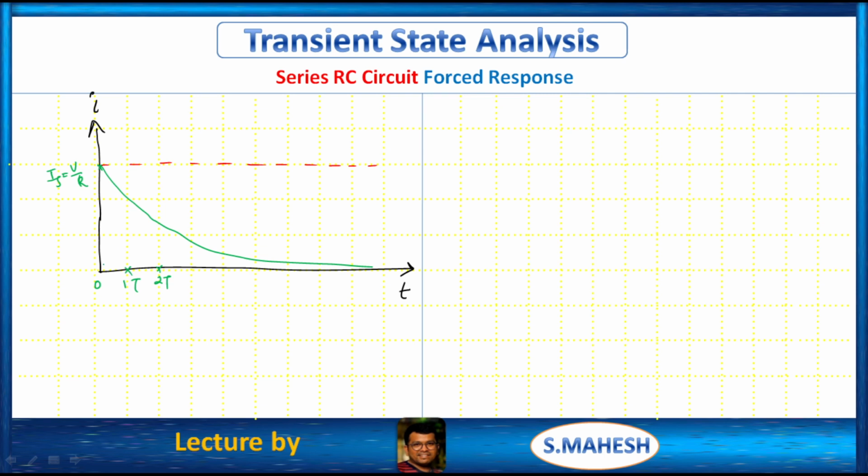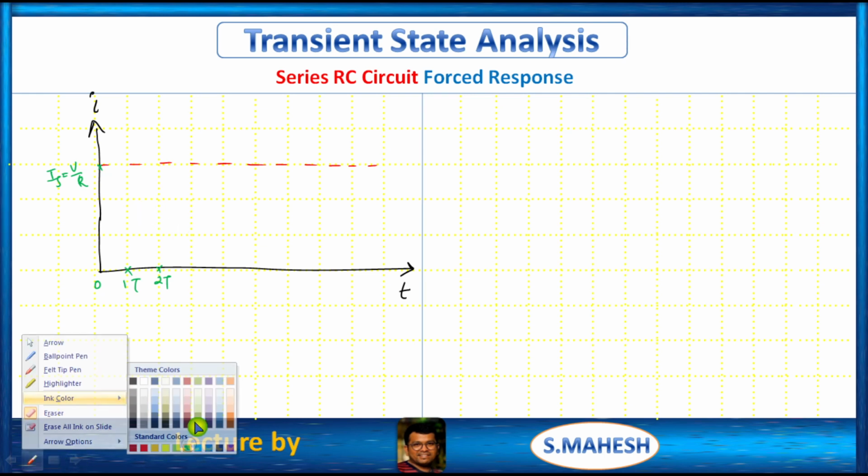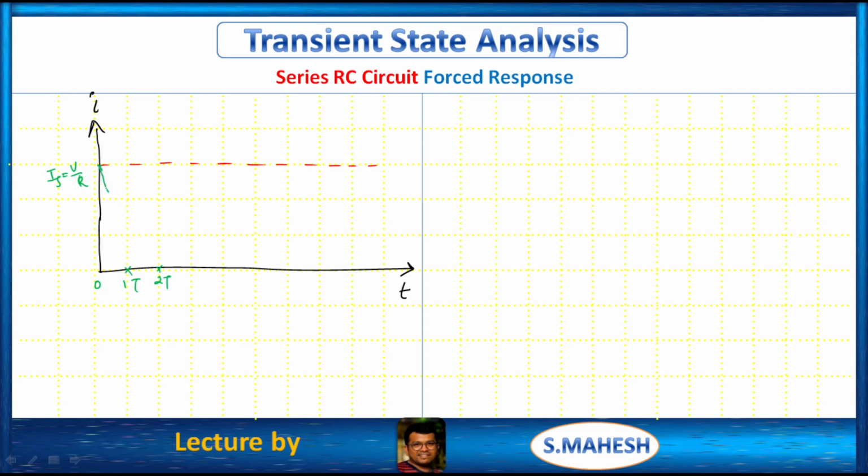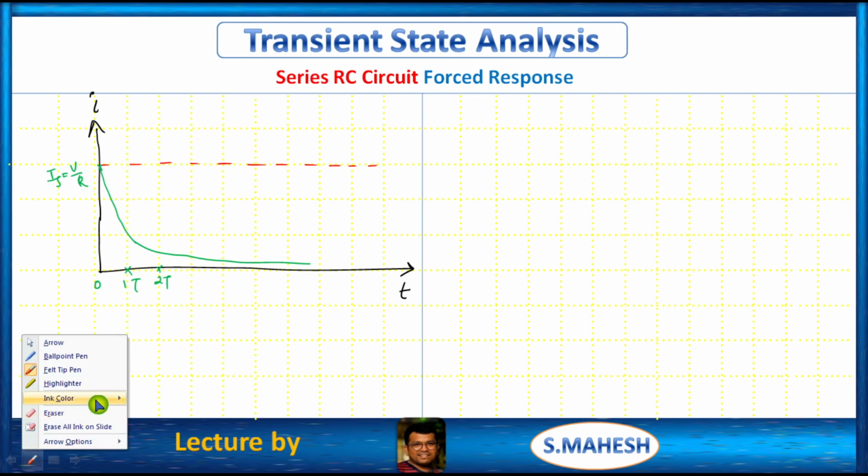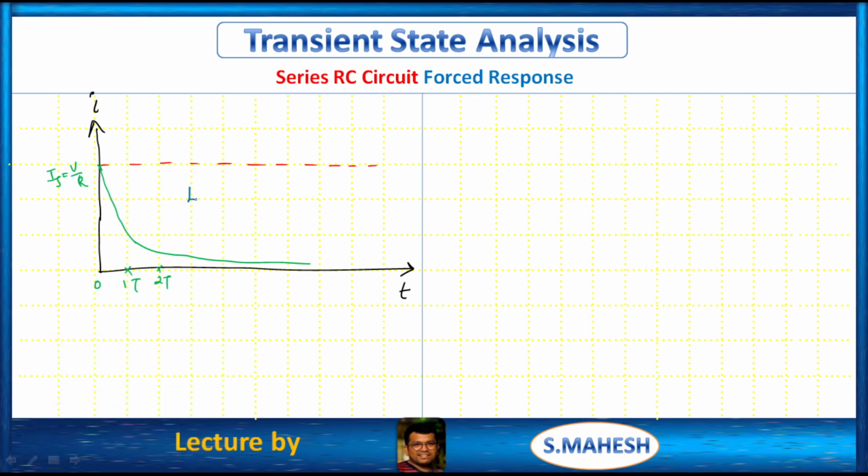At this 1 tau we get 0.368, right? So like this we have to get. This is exponentially decaying, right?